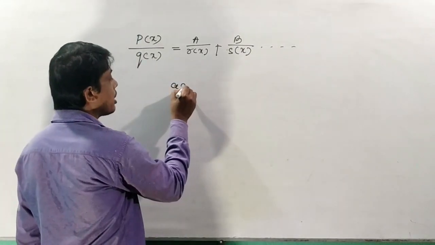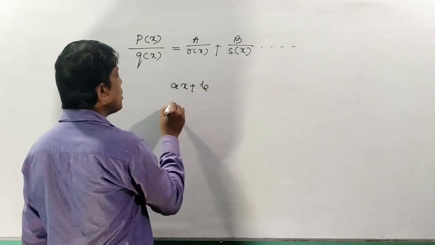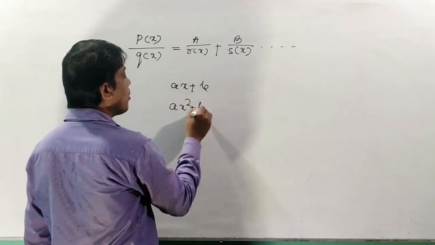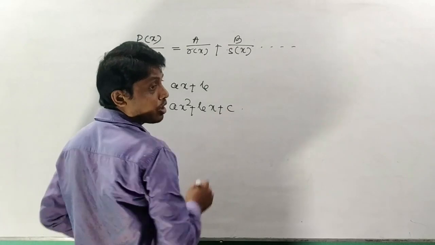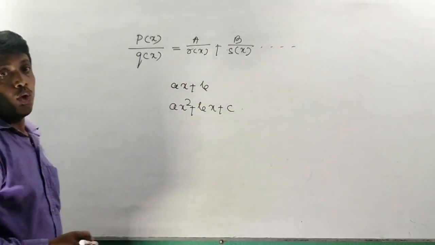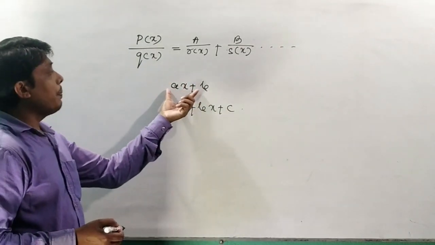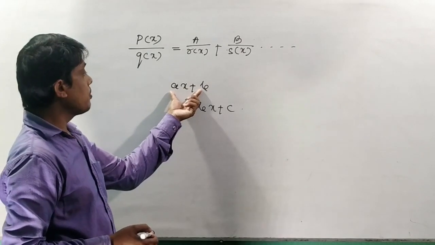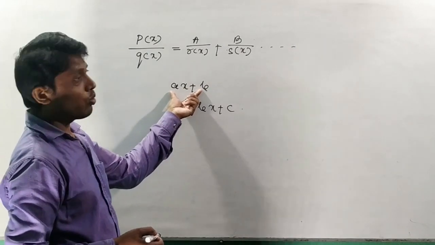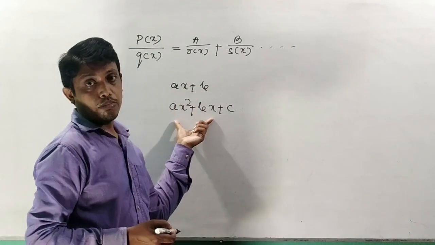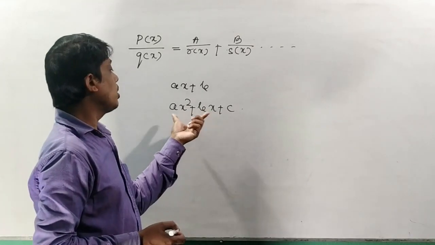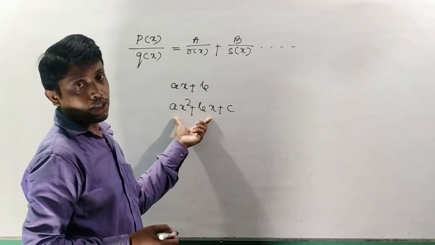Linear means ax plus b form, quadratic means ax square plus bx plus c form. So if the factors are linear, what shall we do? And if the factor is a quadratic expression, what shall we do?